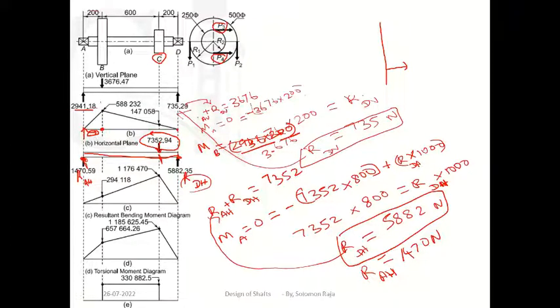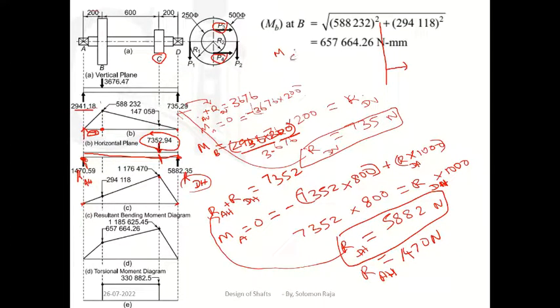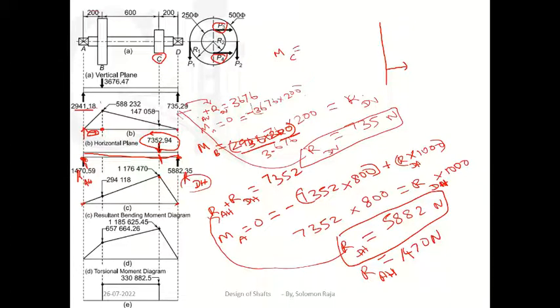Now we have to find out bending moment. Okay. Bending moment at both extremes is 0. So now I have to find out bending moment at this point, at point C. So at C, bending moment value for horizontal forces: take any one side.